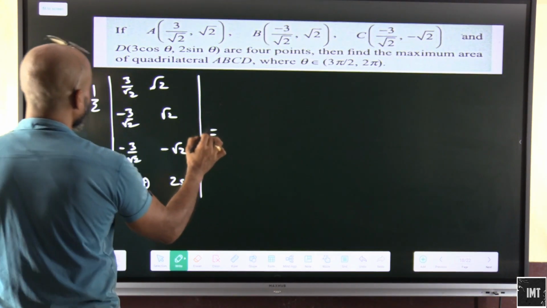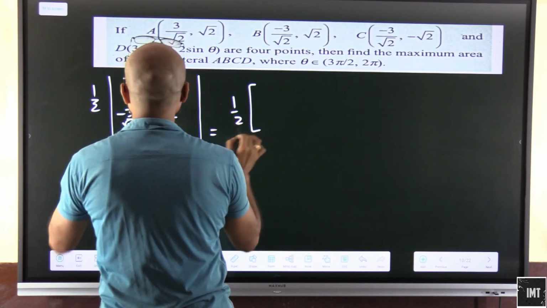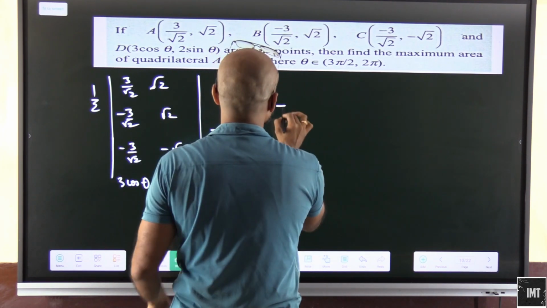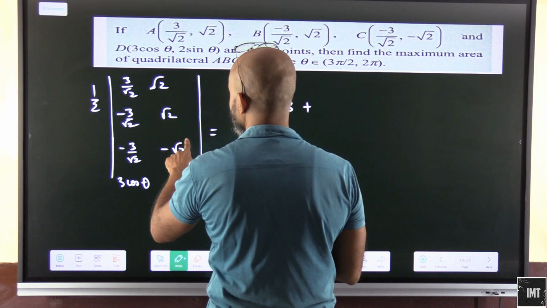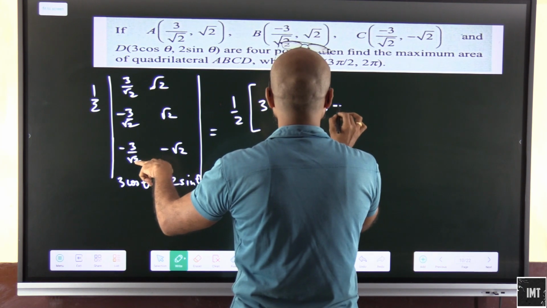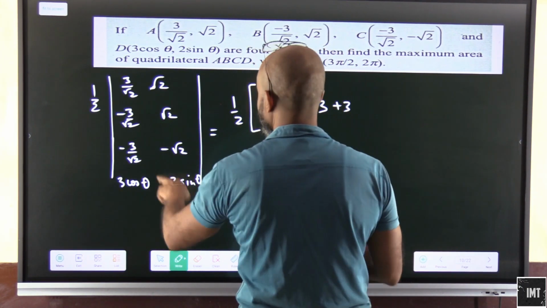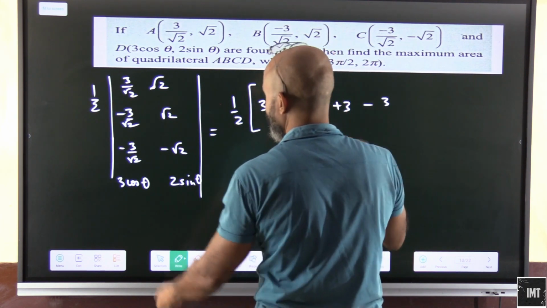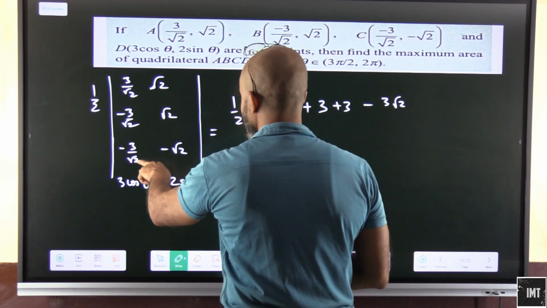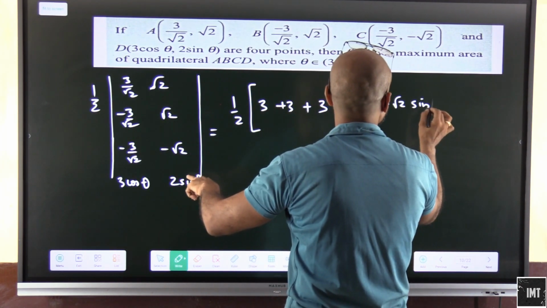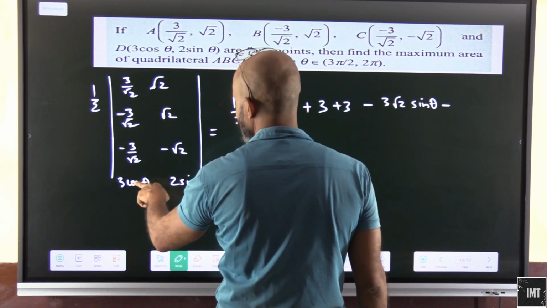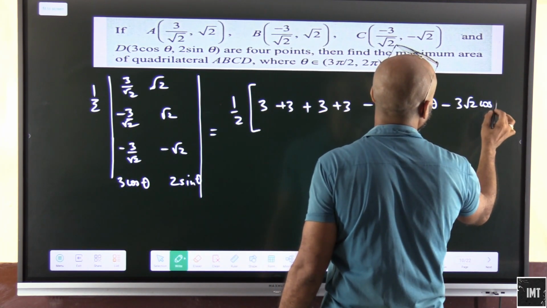So this is going to be how much? Half into 3 by under root 2 into 2, that will be 3, minus 2 gets cancelled, so this will be plus 3, plus 3 by under root 2, this minus gets cancelled, plus 3, and this gets cancelled, so this will be minus 3, that is plus 3. Then we have minus 3 by under root 2 into 2, so that will be minus 3 under root 2, minus 3 under root 2 sin theta, and this will be minus 3 under root 2 cos theta.